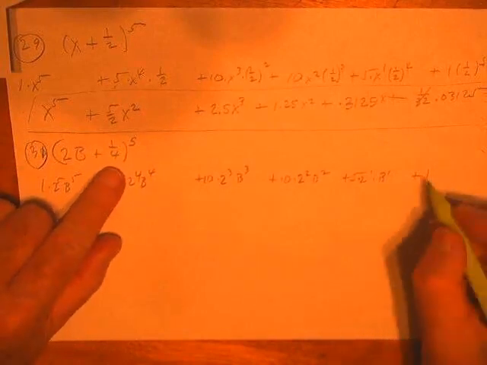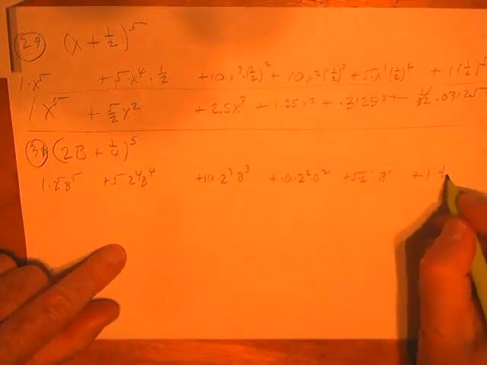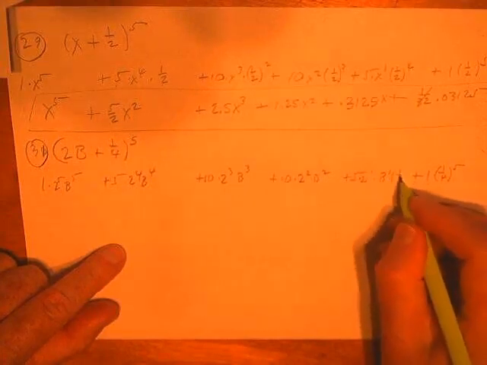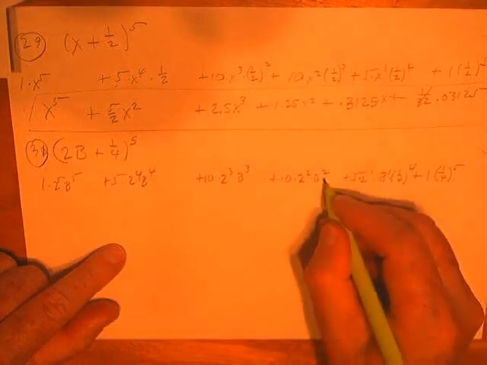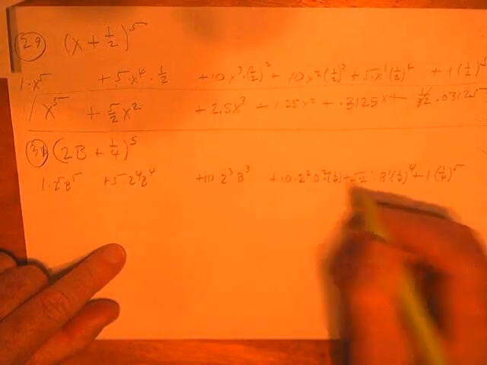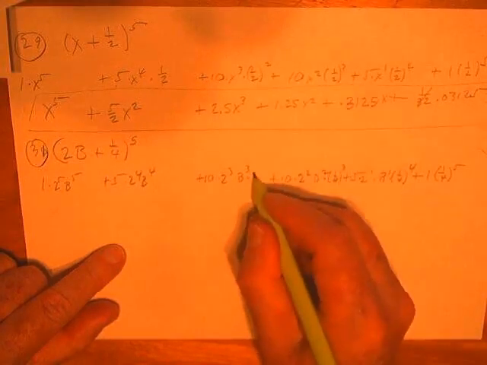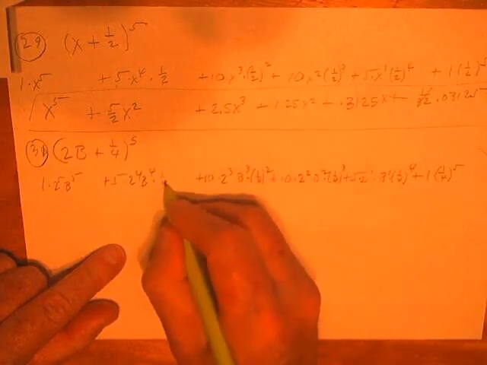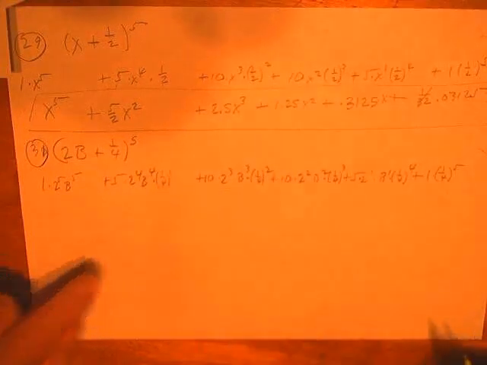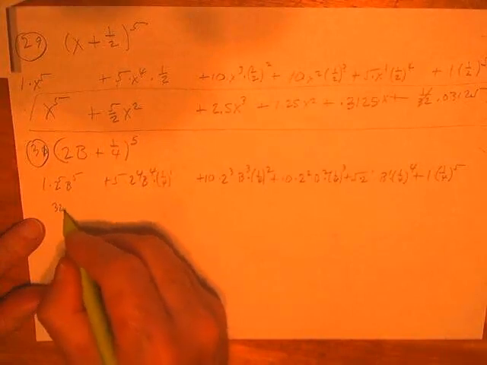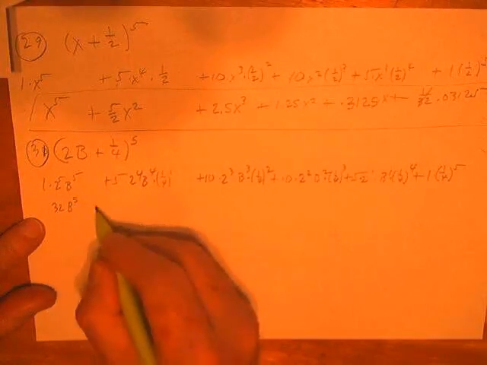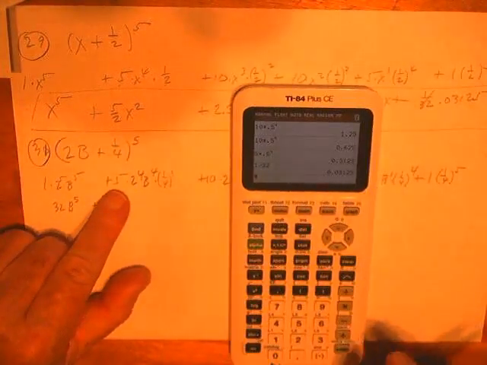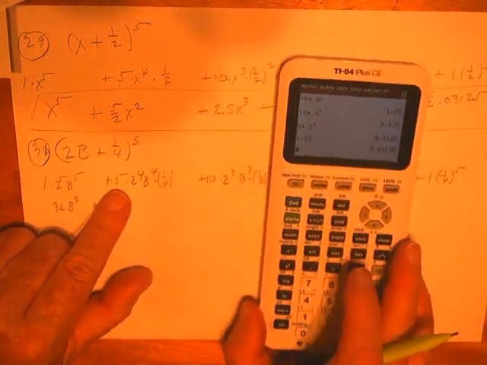Let's go to the end with this one. A 4th to the 5th. A 4th to the 4th. A 4th to the 3rd. A 4th squared. A 4th to the 1st. Calculate: 32b to the 5th. If you don't know 2 to the 5th, there it is. Oh boy.